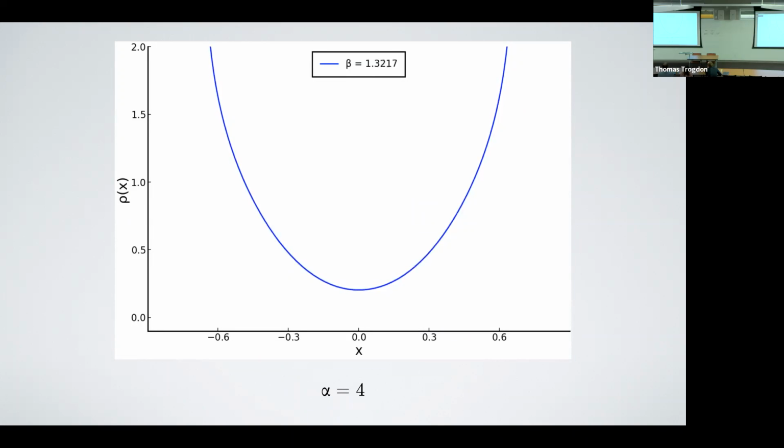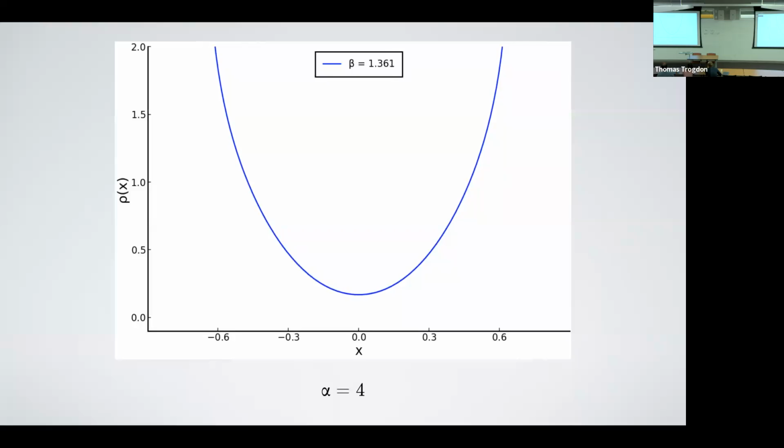It shows how, as beta increases from the first one to the second one, we get a transition from one support to two supports. I might finish my talk and then start the movie over again because I'm almost out of time. It's slow and then quick.